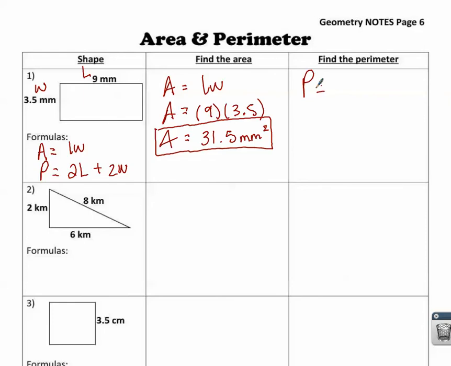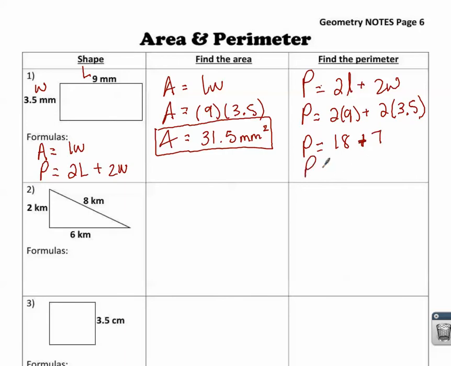To find perimeter, P equals 2L plus 2W. So 2 times 9 plus 2 times 3.5. Again, follow order of operations. So you're going to get 18 plus 7, which is going to give you 25.